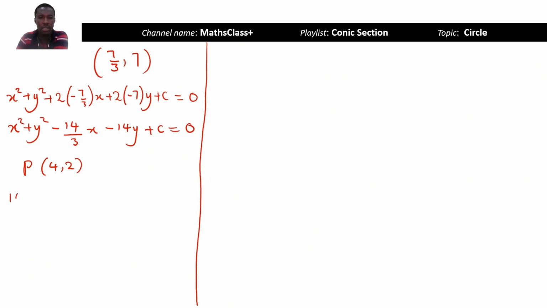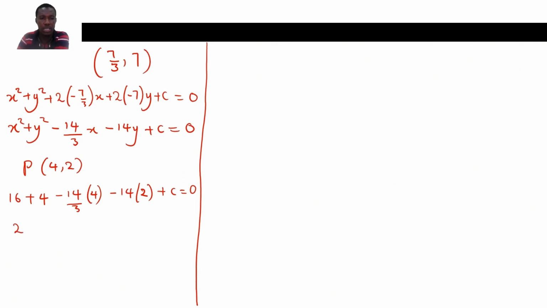So I'll substitute into the equation. 4 squared will be 16 plus 2 squared will be 4, then minus 14/3 times 4, minus 14 times 2, plus c equals 0. 16 plus 4 will be 20, minus 56/3, minus 28, plus c equals 0.